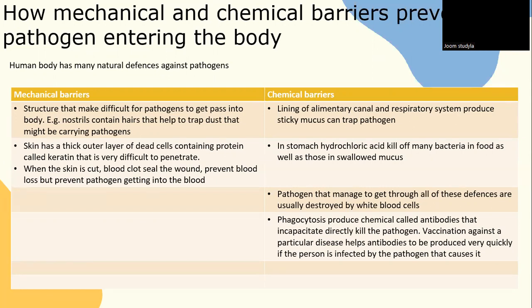Pathogens that manage to get through all of these defenses are usually destroyed by white blood cells. Through phagocytosis, and by producing chemicals called antibodies, they incapacitate or directly kill the pathogen. Vaccination against a particular disease helps antibodies to be produced very quickly if the person is infected by the pathogen that causes it.